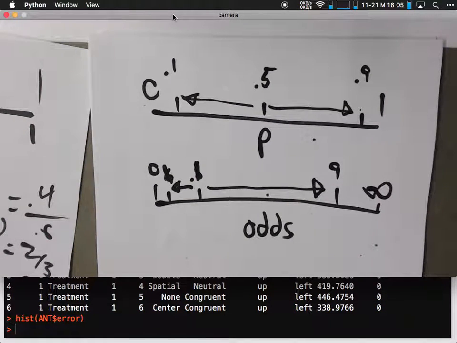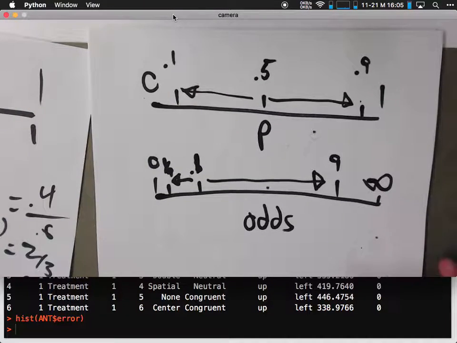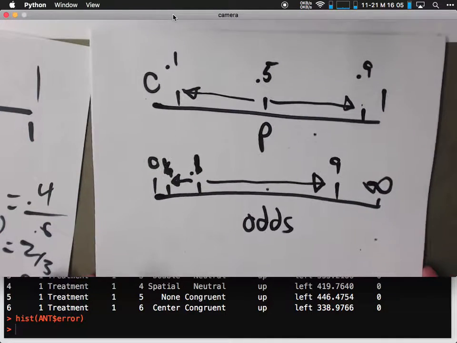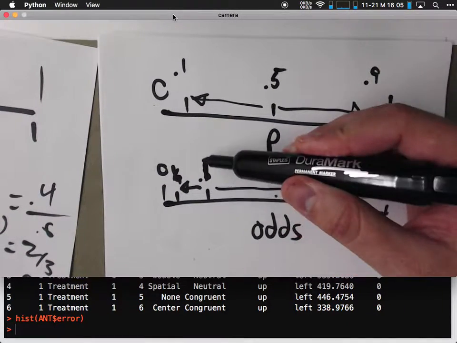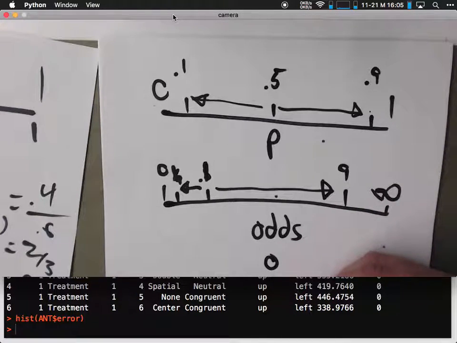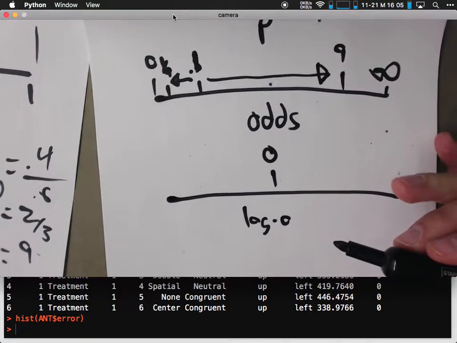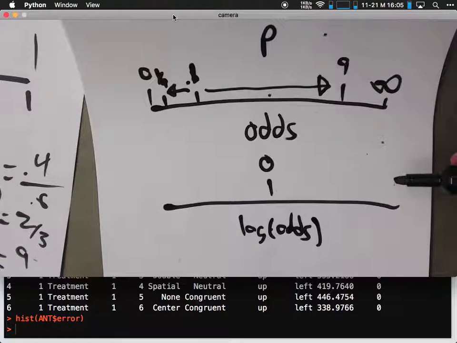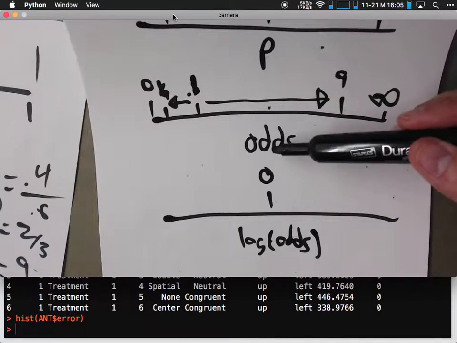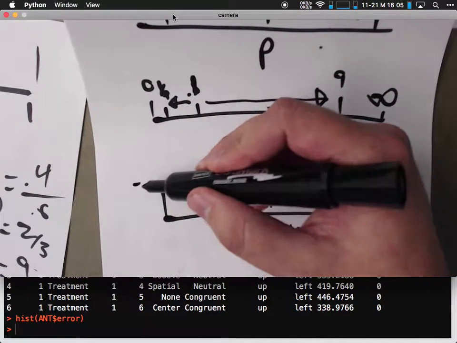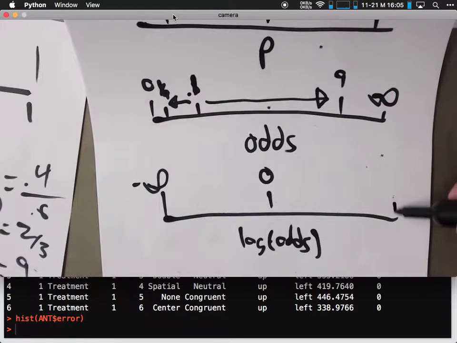A way to eliminate that asymmetry is to express this in terms of log odds. So log odds, remember the log of 1 is 0. And a log is undefined for 0, but it can go down to negative infinity, and it can go up to positive infinity.